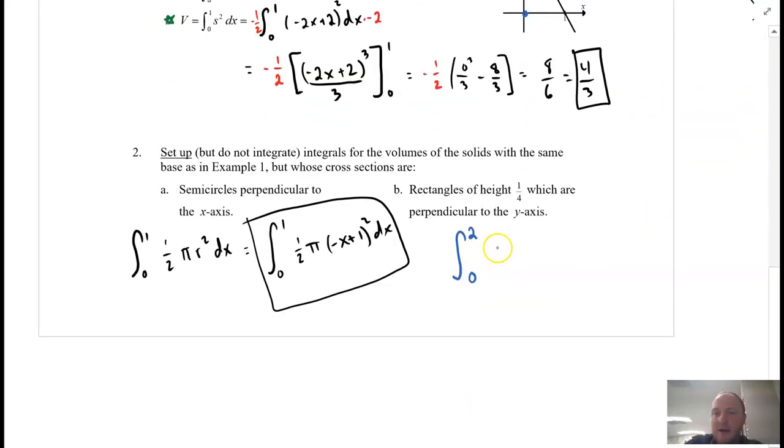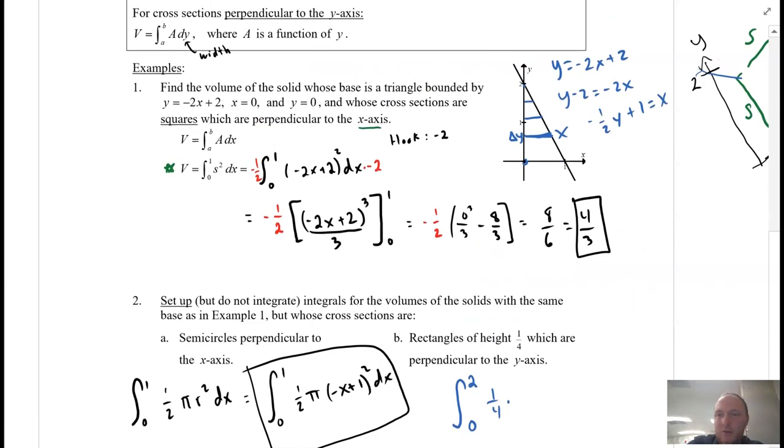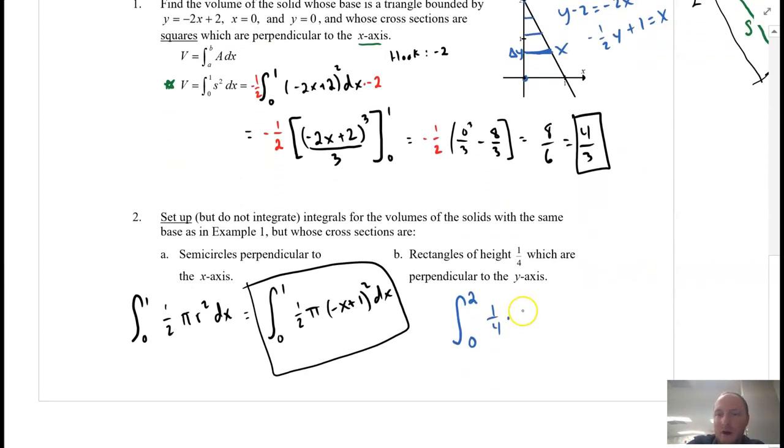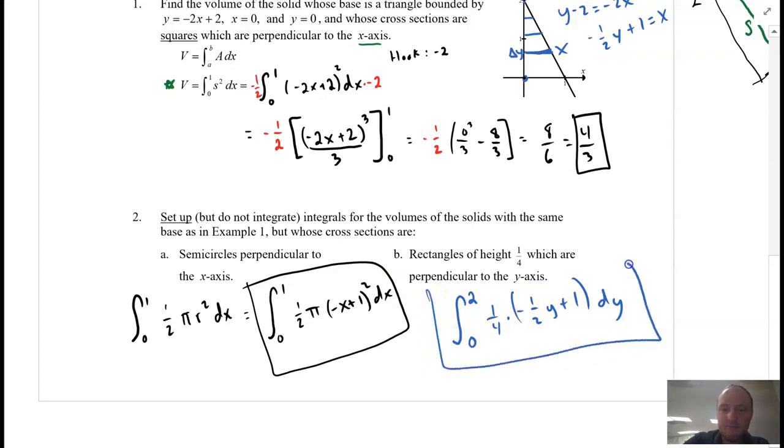Now my height is 1/4 times my length, which is x, but in terms of y, that would be negative 1/2 y plus 1, dy, which is our width. So height, length, and width, which is volume. So there is the integral.